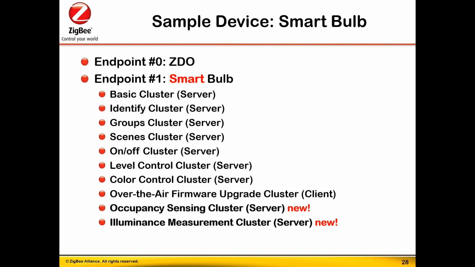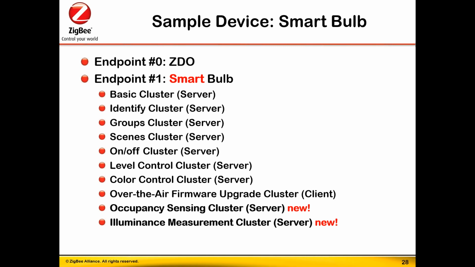So here is a simple example. It's a connected bulb. You have the management endpoint, the ZigBee device object at endpoint 0, and then you have the key endpoint for this device, the connected bulb, which will have a number of server clusters shown below: basic, identify, groups, and so on.